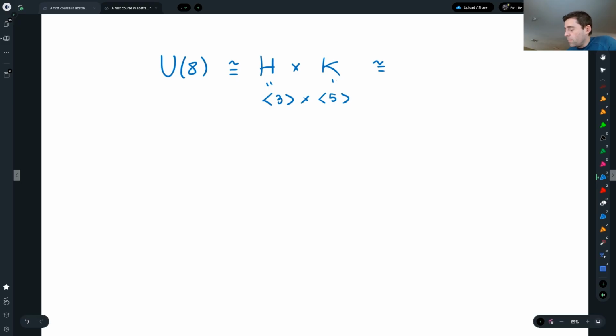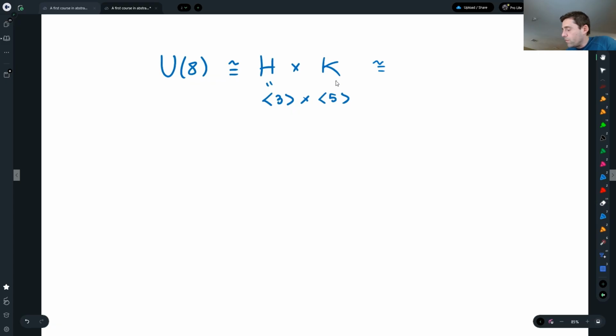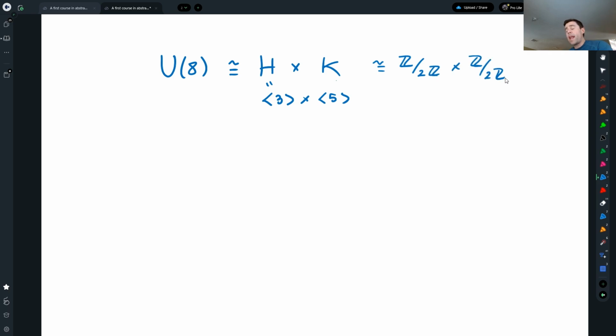And those subgroups themselves are isomorphic to Z modulo 2. So now I can actually define an isomorphism between U8 and Z modulo 2 cross Z modulo 2 that goes through this internal direct product that we have described.